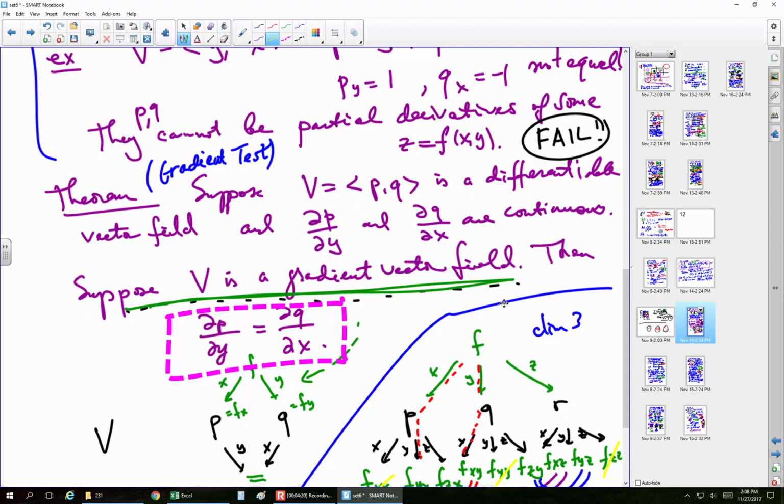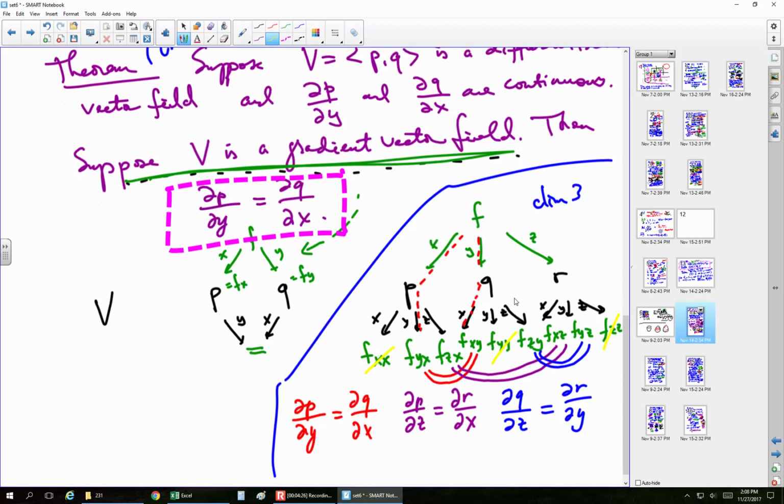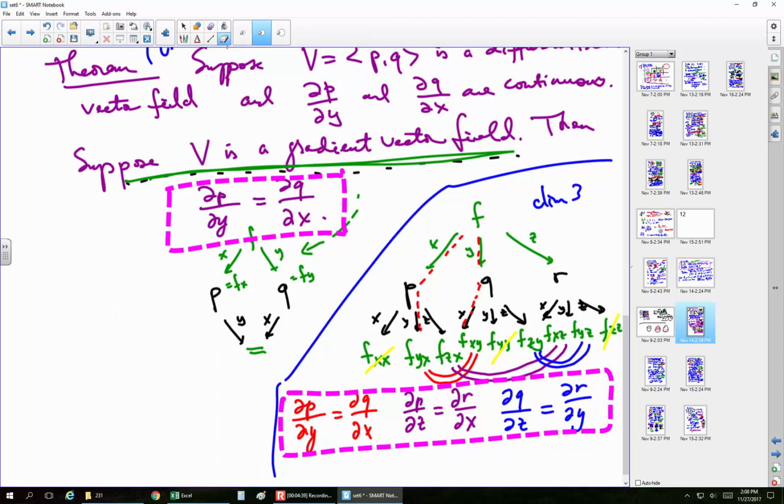The test was the equation here for dimension 2, and the other is 3 equations for dimension 3. So first, dimension 2, rather.